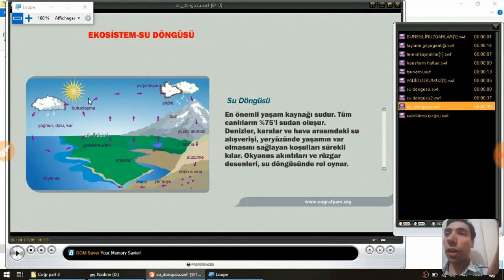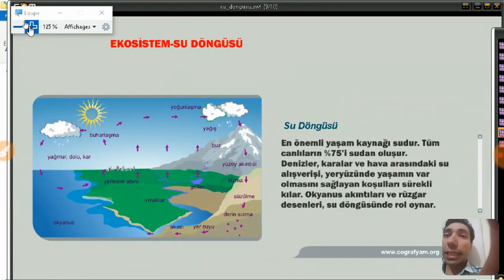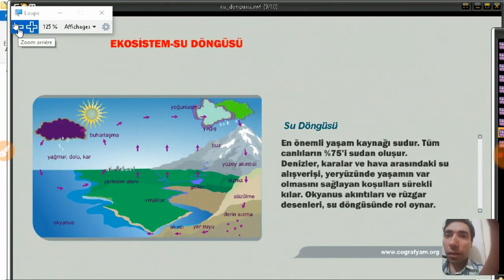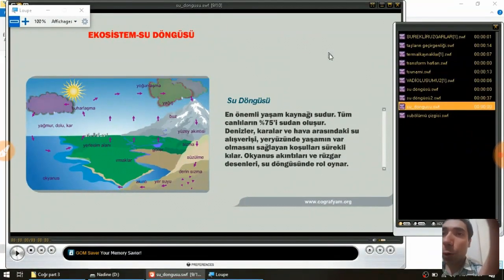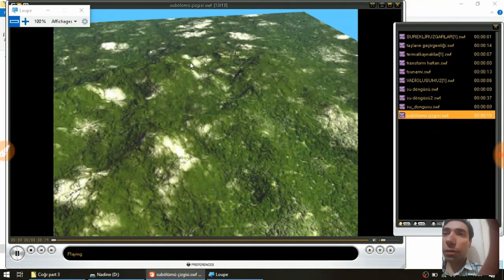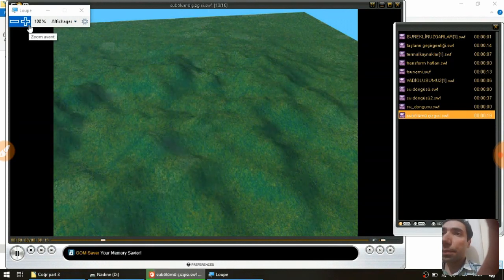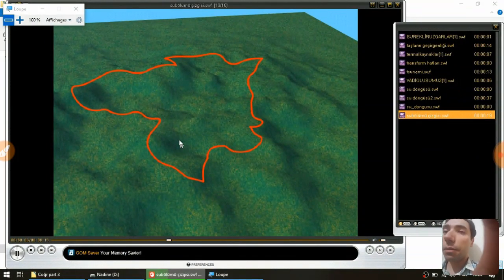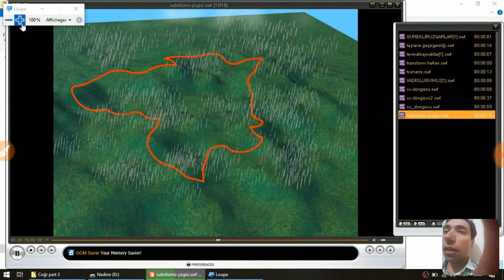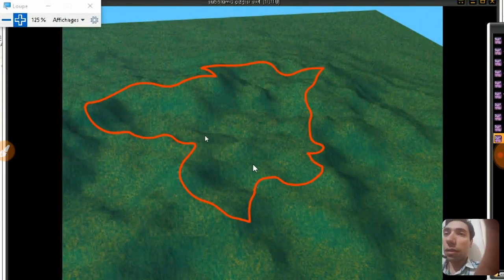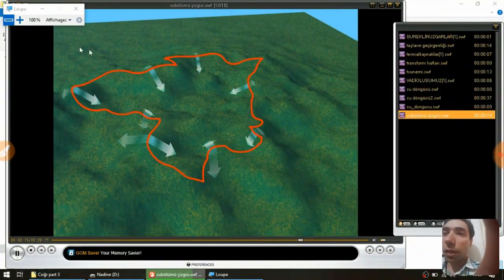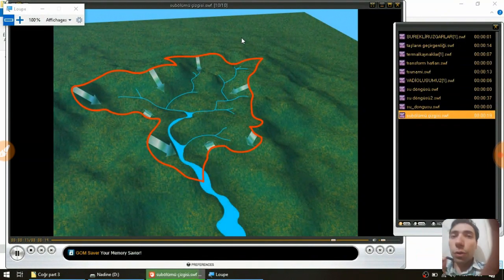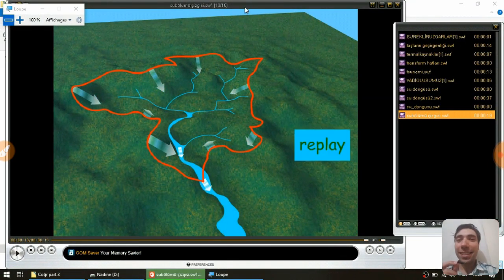Evaporation, condensation, precipitation. 75% of Earth contains water in their bodies and it plays a vital role. So there is water here. It will be water after evaporation, condensation, precipitation. Now there is some water here. Sorry, camera. So thanks, guys.